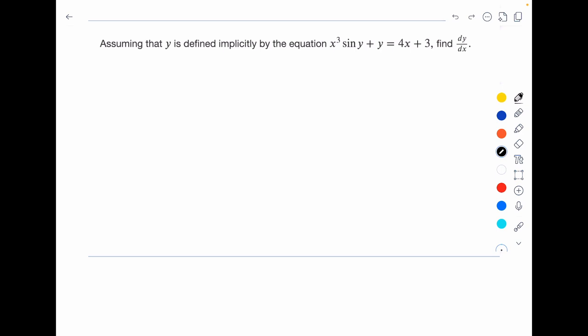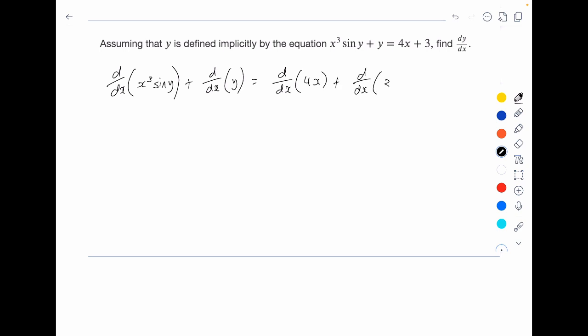So what I'm going to say is d/dx of x cubed sine y plus d/dx of y is equal to d/dx of 4x plus d/dx of 3.